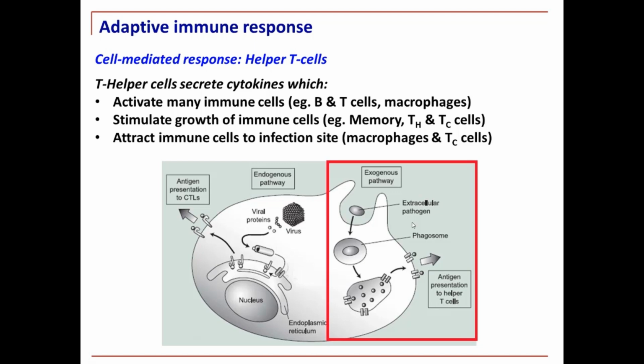They attract immune cells to the infection site, for example macrophages and cytotoxic T cells. But remember, your T helper cells also respond to viral antigens that are presented on macrophages. Macrophages that are going around gobbling up viruses are also stimulating our helper cells. So the T helper cells are basically helping to stimulate the immune system, where the cytotoxic T cells are there to kill infected cells.